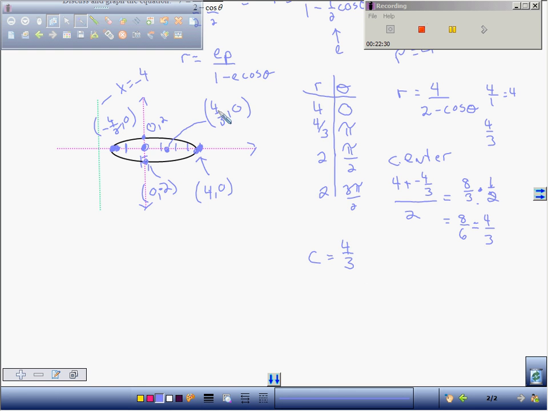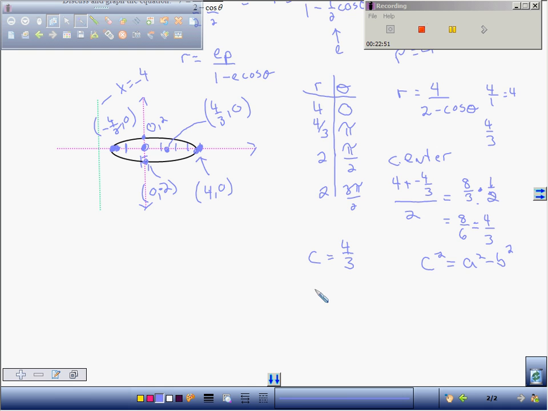And since this is the point 4/3, 0, and this is the left focus, right? C is 4/3. This is talking about the formula, remember this, for ellipses: C squared equals A squared minus B squared, because I want to find B as well, because I want to see what the stretch is of this one.